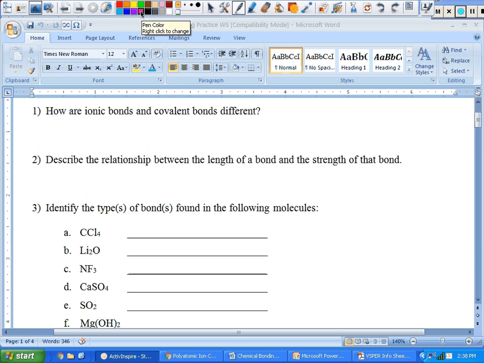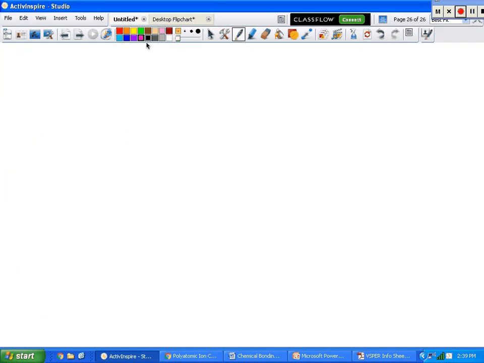So I want you to write this. Ionic bonds. I'm actually going to get off this page because it'll go a little bit faster whenever I write on this. So what happens to electrons in ionic bonds?